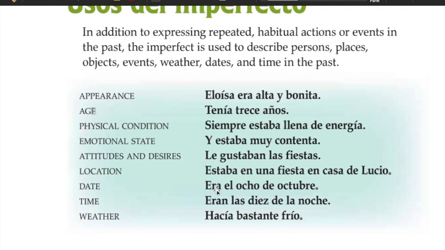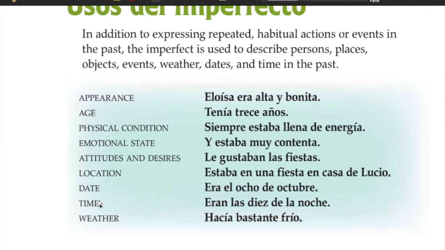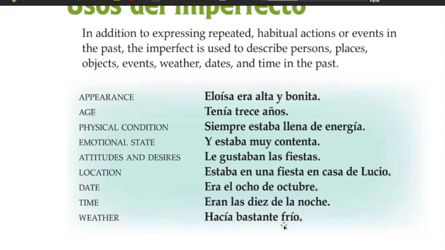So you'll have examples of sentences, and those sentences will have to match the correct description word. Because if I'm saying hacía bastante frío, it was really cold, that's not going to fit a location because I'm not talking about a location. I'm saying something regarding the weather.